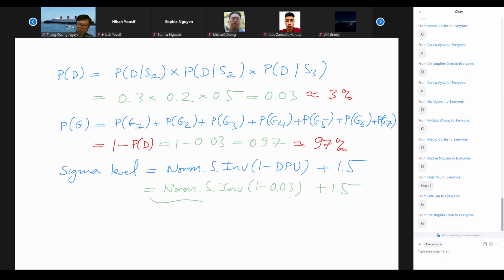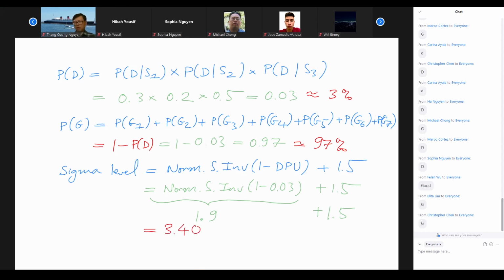We just use Excel to calculate this part of the equation. That's going to be what? 1.9. 1.9, and then we add with 1.5, right? Then at the end, our sigma level is 3.4.